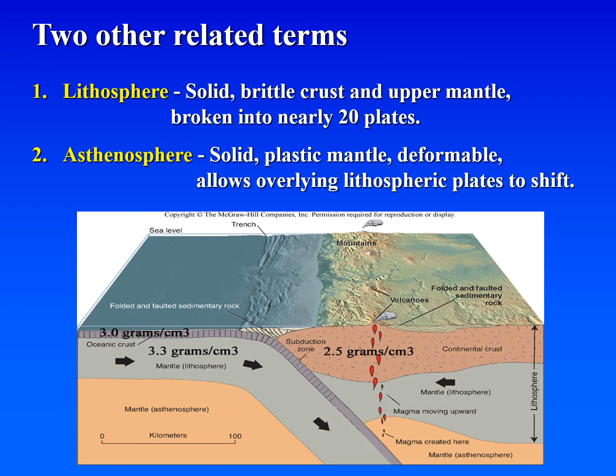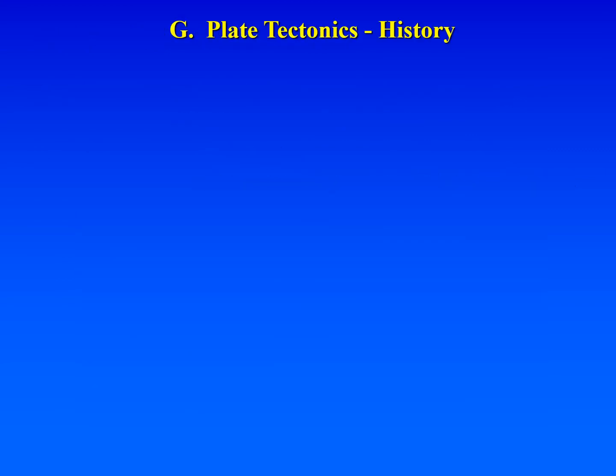So this is the part of the Earth that breaks brittly and creates plates that move over the more deformable plastic mantle asthenosphere that lies beneath it. So brittle lithospheric plates, including the crust and upper mantle, moving on a mobile plastic deeper part of the mantle called the asthenosphere.